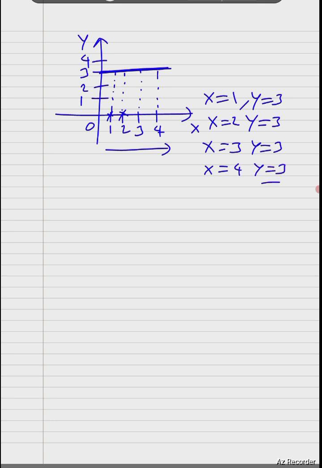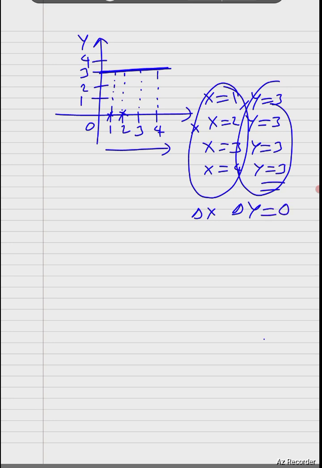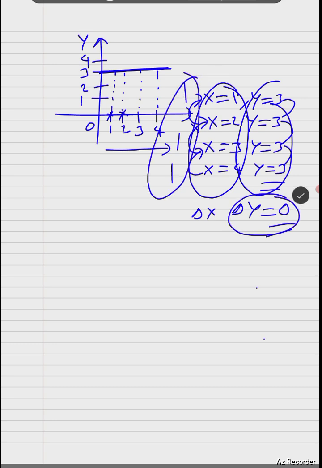At x equal to 4, what is the y value? It is again 3. That means as x changes, as delta x, there is a change in x, what is the change in y? Delta y is 0. There is no change. 3 minus 3, there is no change at all. But x is changing. 4 minus 3, it changes by 1. 3 minus 2, it changes by 1. 2 minus 1 changes by 1. There is a change in x, but there is no change in y.